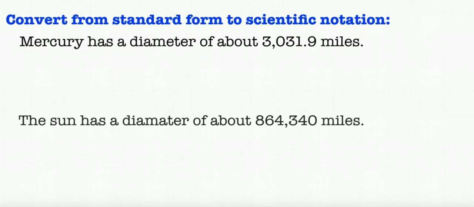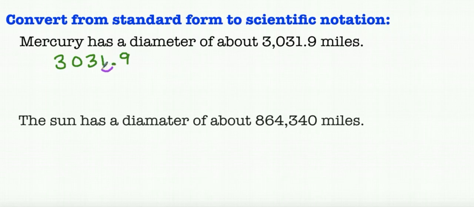Again, we're going to convert from standard form to scientific notation. So here we have Mercury has a diameter of about 3,031 and 9/10 of a mile. So I'm going to start off by writing our number again. And we want to make sure again that our leading number is between 1 and 9.